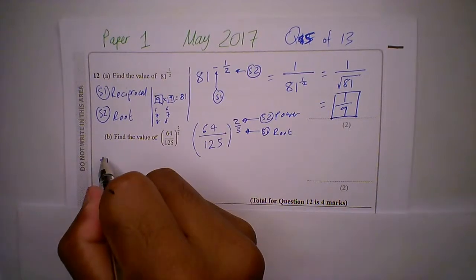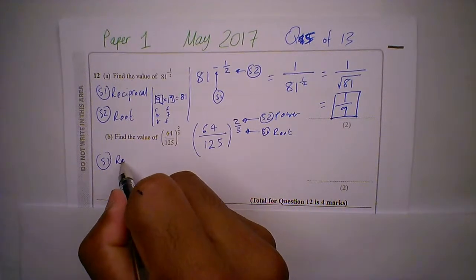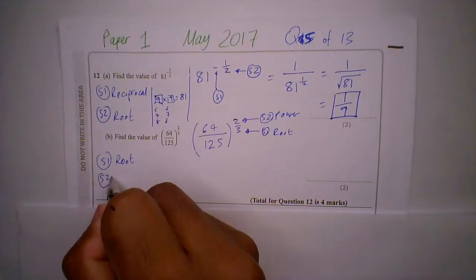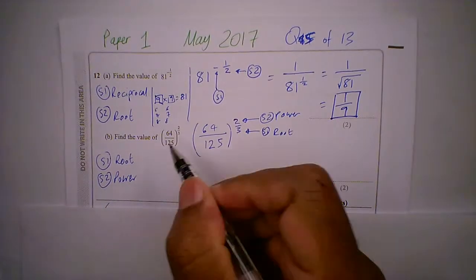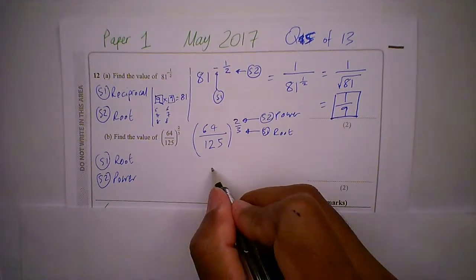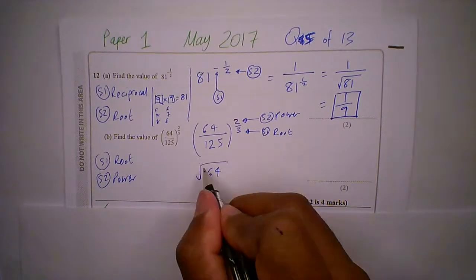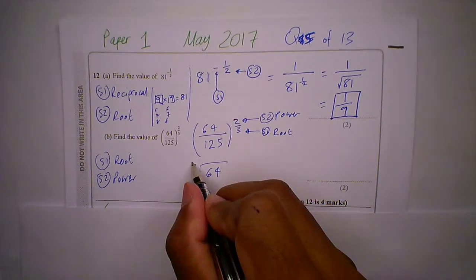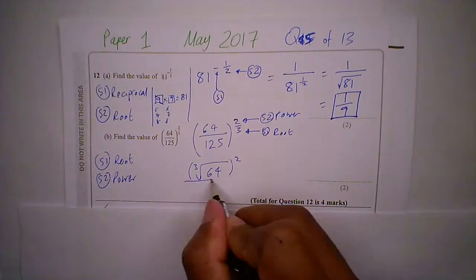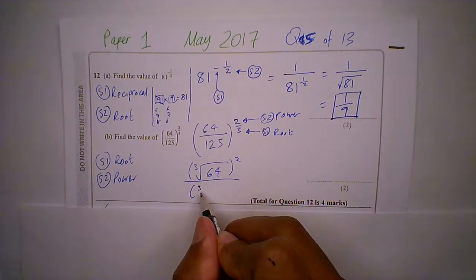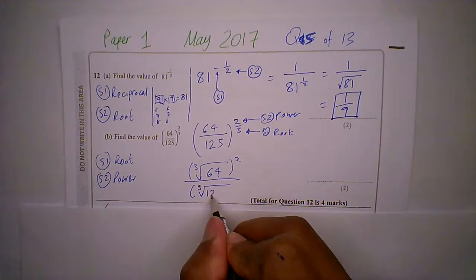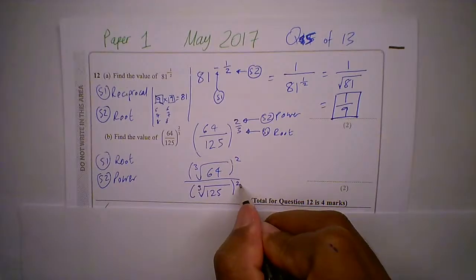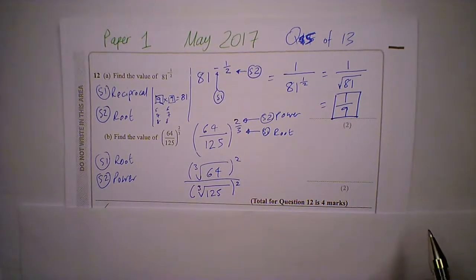Step 1 is root, and step 2 is power. So I can do the cube root of 64 and raise it to the power 2, and the cube root of 125 and raise it to the power 2.